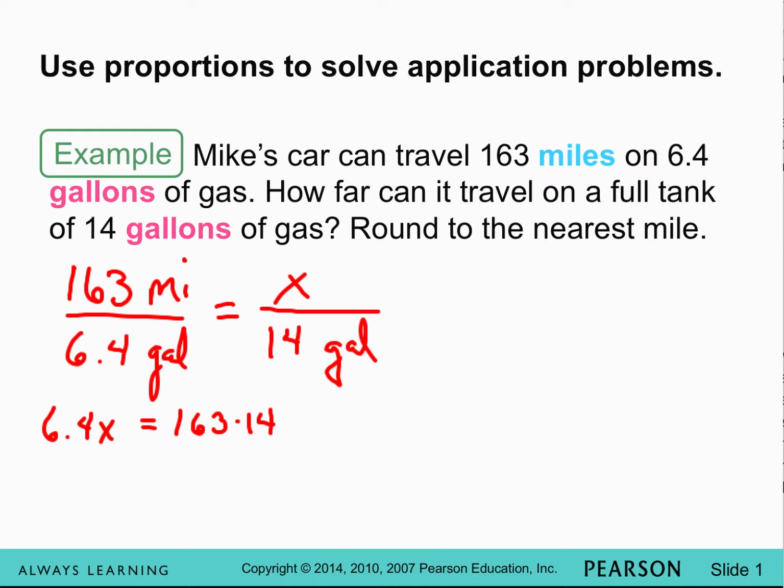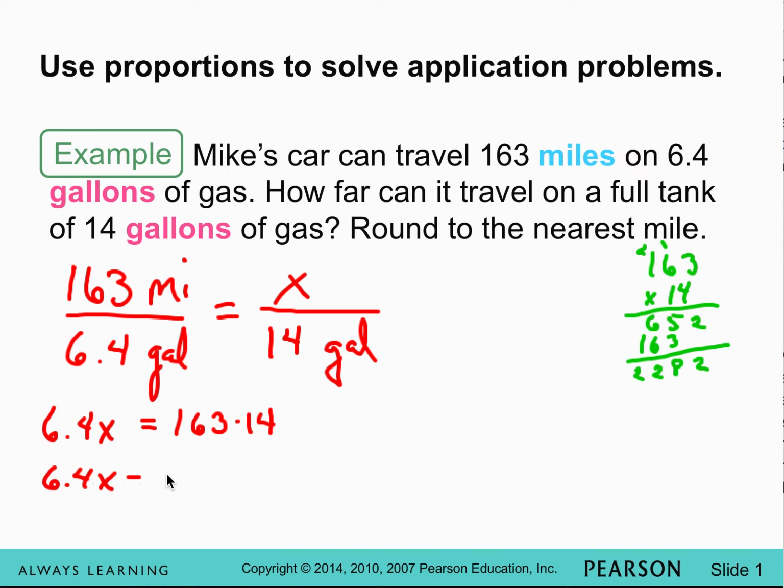So 163 times 14. 4 times 3 is 12, 24, 25, 4, 5, 6. And then 1 times 163, that's nice. 2, 8, 2, 2.